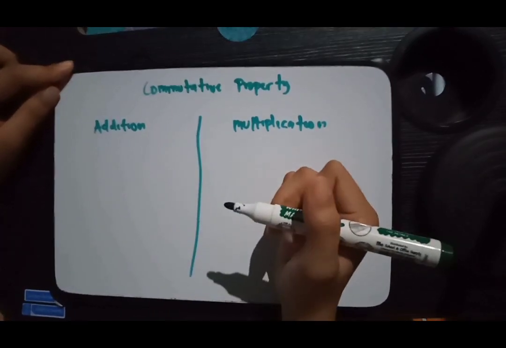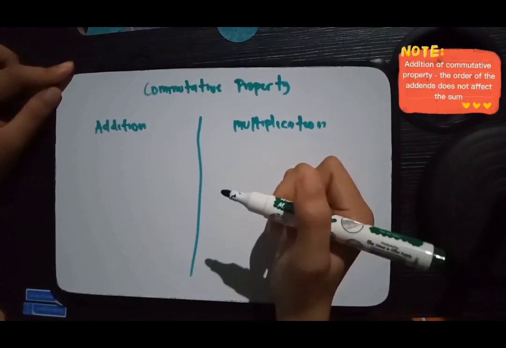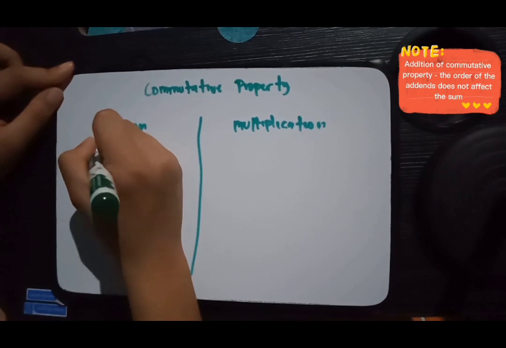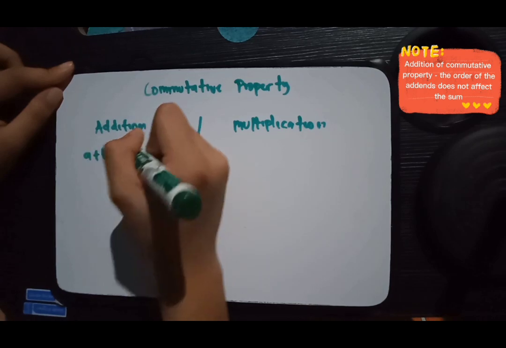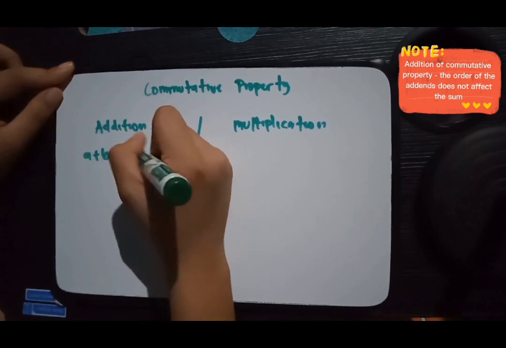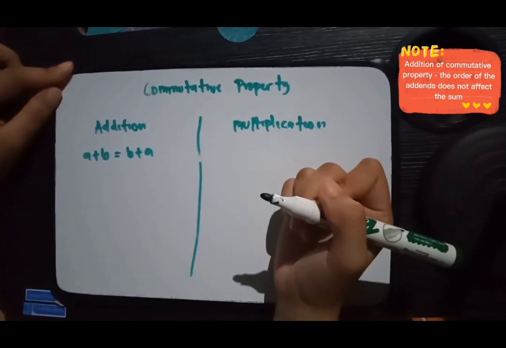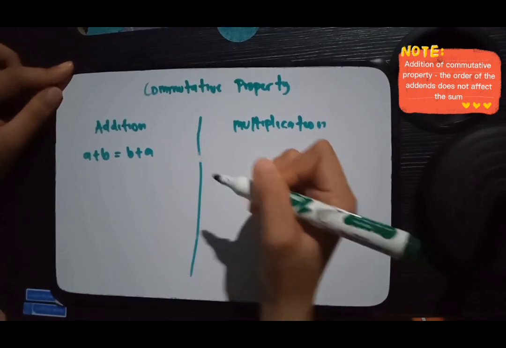In addition of the commutative property, the order of the addends does not affect the sum. So, A plus B is equal to B plus A. A plus B must be equal to B plus A.